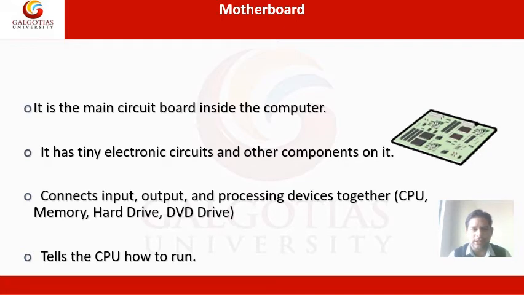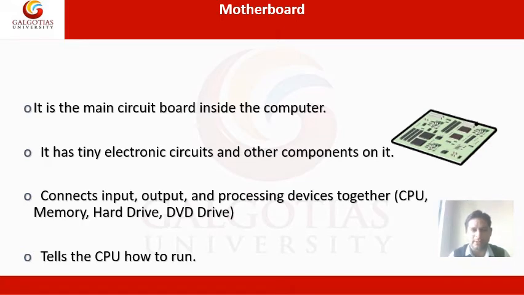It has tiny electronic circuits and other components on it. You can see a diagram of the motherboard on the right hand side, and you can see there are various chips and circuits available on it, and all the components are attached on this board. That's why this board is called motherboard.